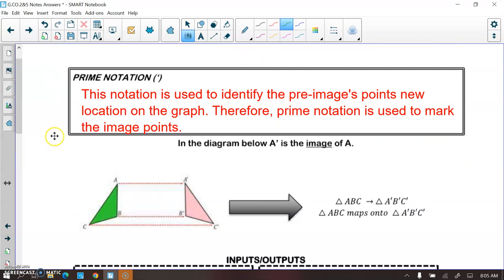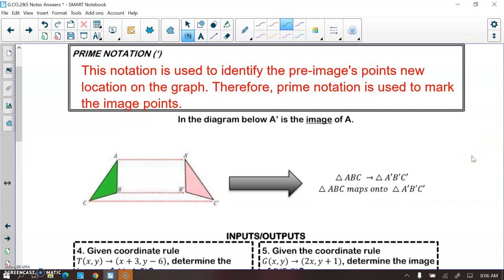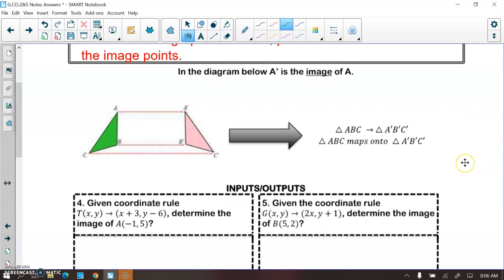Okay. So prime notation, we use prime notation to identify the pre-image point's new location on the graph. So therefore, we're using prime notation to mark the image points. For example, if I look at the diagram below, my pre-image is this one, triangle ABC. And then I did something to triangle ABC, and I wound up with this triangle, triangle A prime, B prime, C prime.